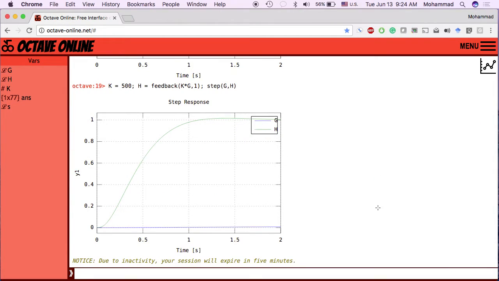So go here. G would be 1 minus s, rather, 1 minus s divided by s times s plus 3.